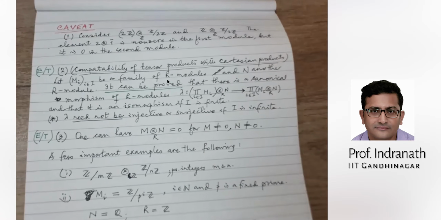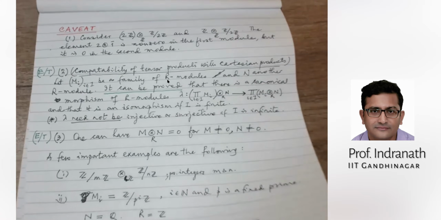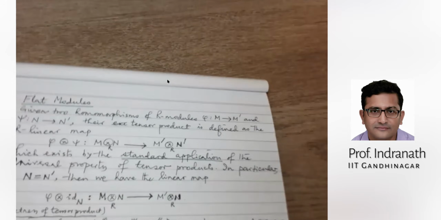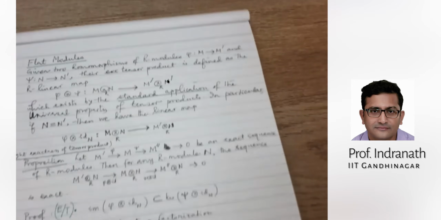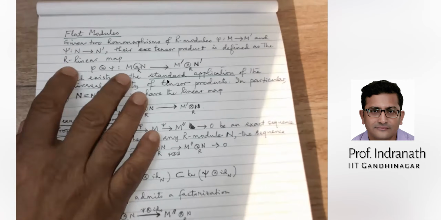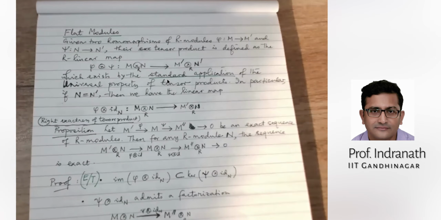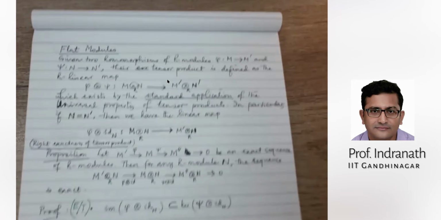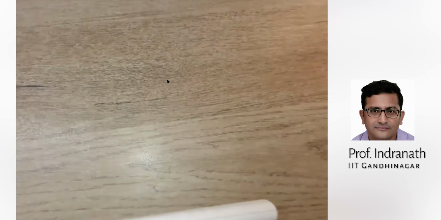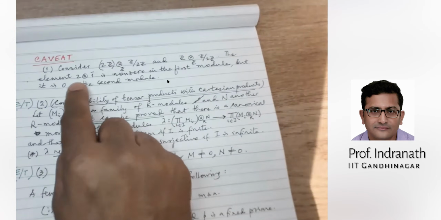Yeah. May I just move on? You can pull the 2 out of the first factor and then push it to the second factor to make it 0. No, that is the answer to why it is 0 in the second module. But the question was why is this element non-zero in the first module?